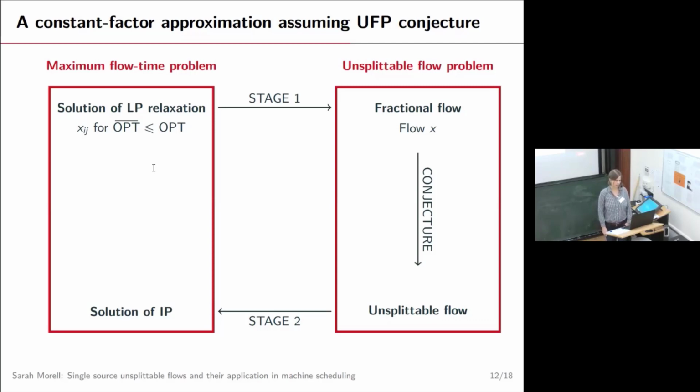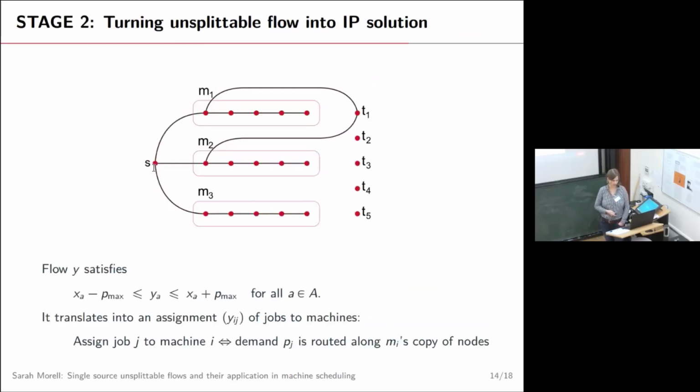So this fractional flow can be turned into an unsplittable flow y, such that those lower and upper bounds we've been looking at in the beginning are satisfied on all arcs. And now we have to go back to the IP. So the translation is actually quite simple.